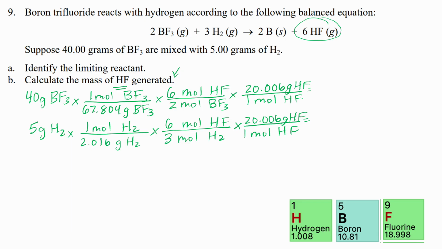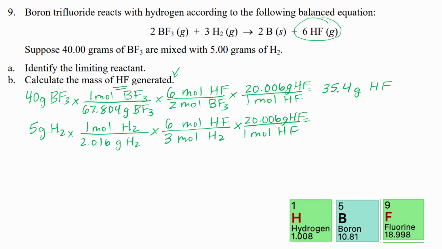So now let's go ahead and solve. On the top we have 40 divided by 67.804. Then we're going to multiply by 3 because that's 6 over 2. Then we're going to multiply that by 20.006. So that gives us 35.4 grams of HF.